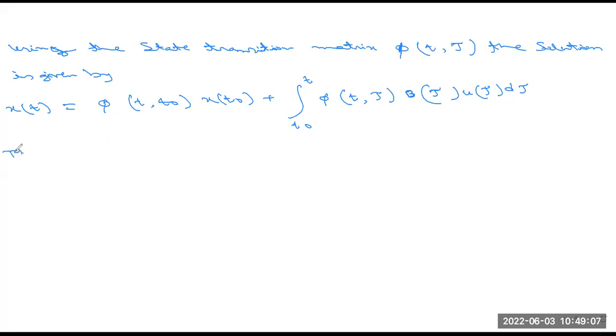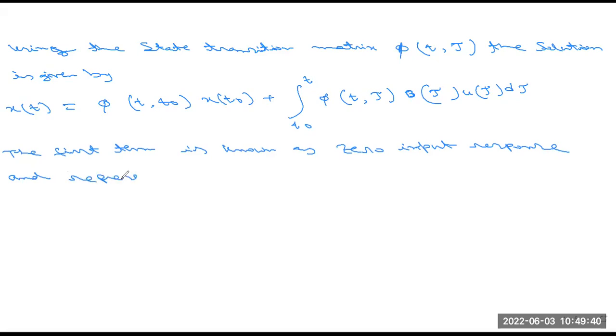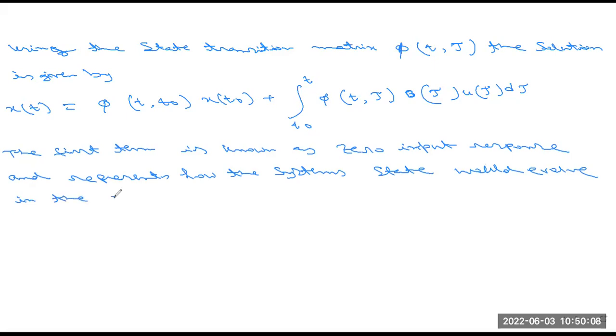The first term is known as the zero input response and represents how the system's state would evolve in the absence of any input.